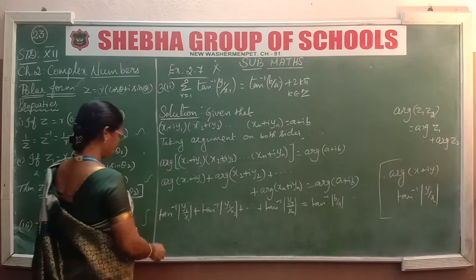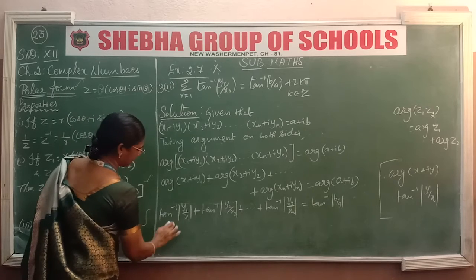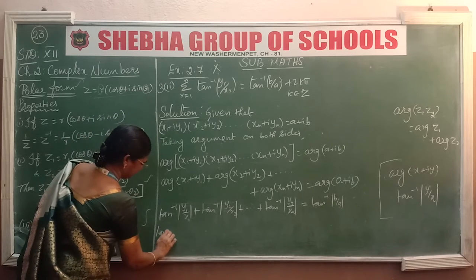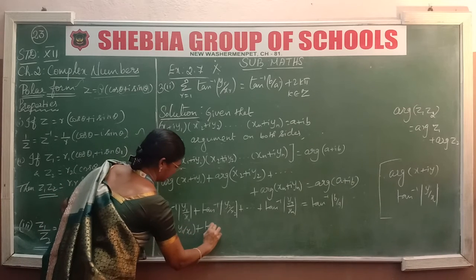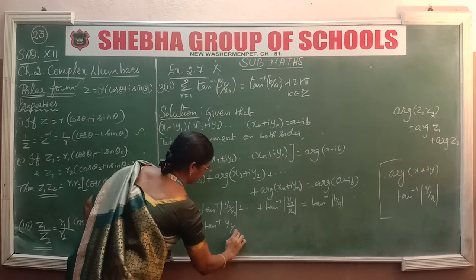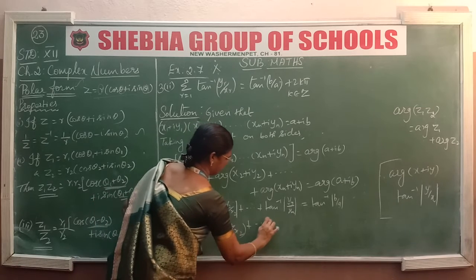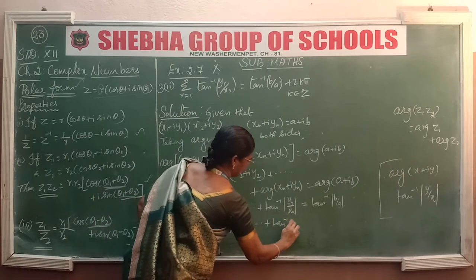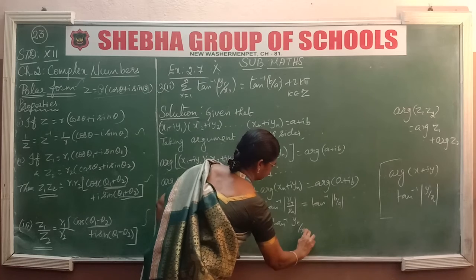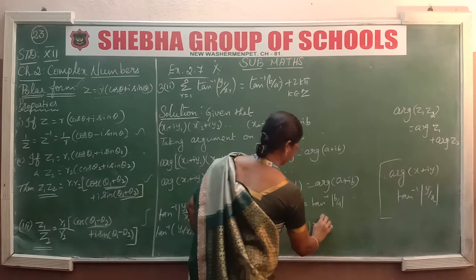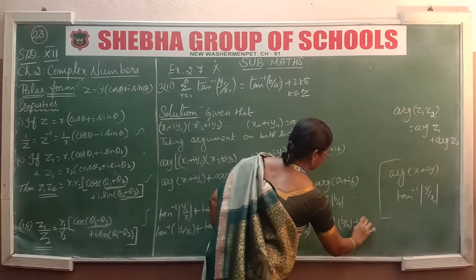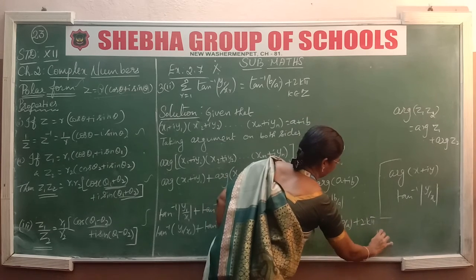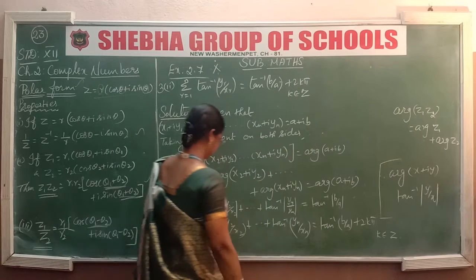Now removing the modulus, we get tan inverse of y1 by x1 plus tan inverse of y2 by x2 plus and so on up to tan inverse of yn by xn, which equals tan inverse of b by a plus 2k pi, where k belongs to z.